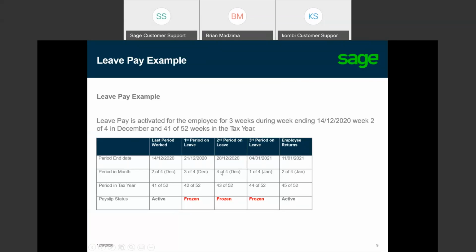So this diagram just goes to show you the dates, the period in the month, the period in the tax year, and what your payslip status would be upon leave pay. So if our current period is the 14th of December, then it would be our active period. And if we therefore activate leave pay for 3 weeks, our payslips for those particular pay periods would therefore be frozen as well.